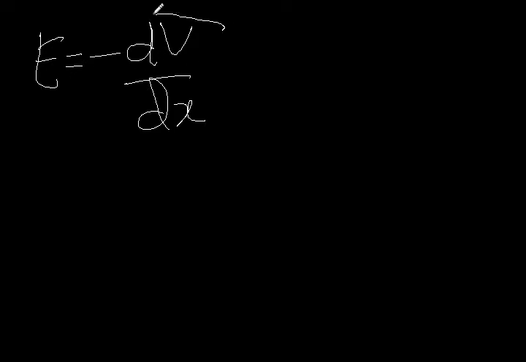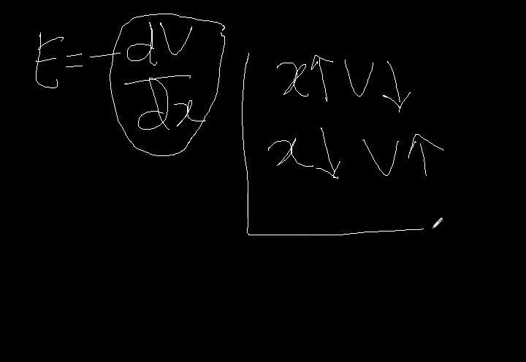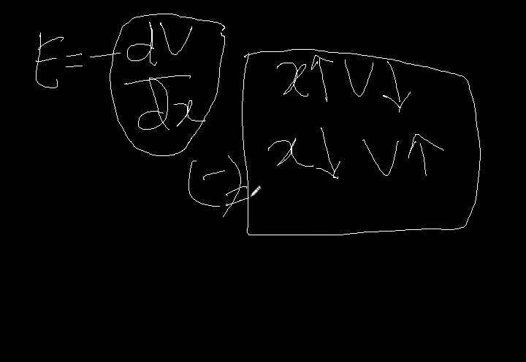So what we mean actually by the term that V and X are inversely proportional is simply this: as X increases, V decreases, and vice versa. Where X decreases, V increases. So this is what we mean by the negative sign. It is very simple.